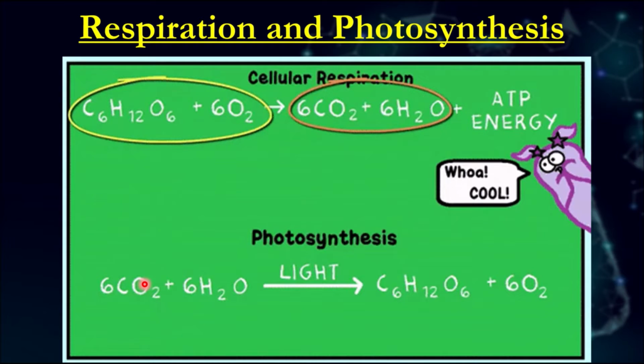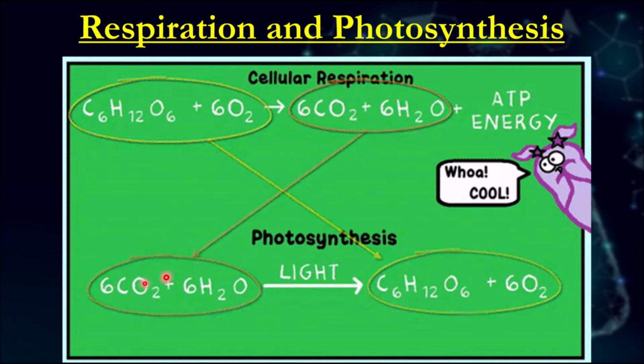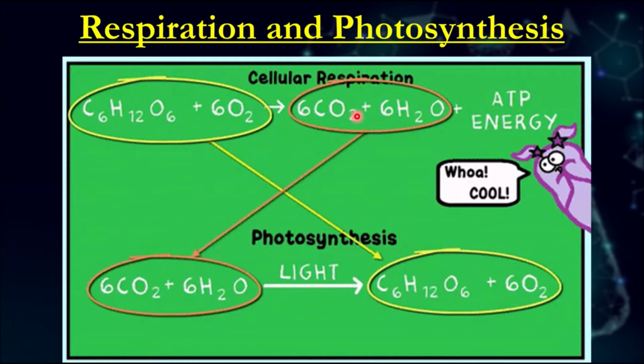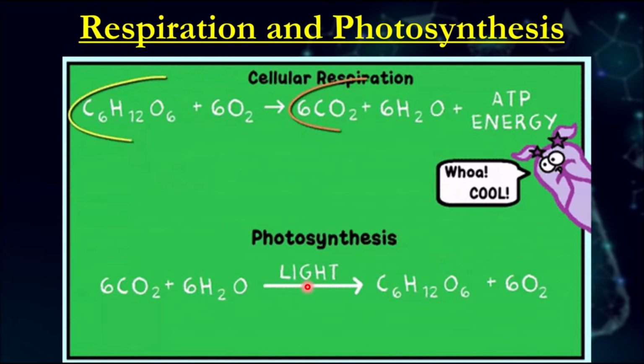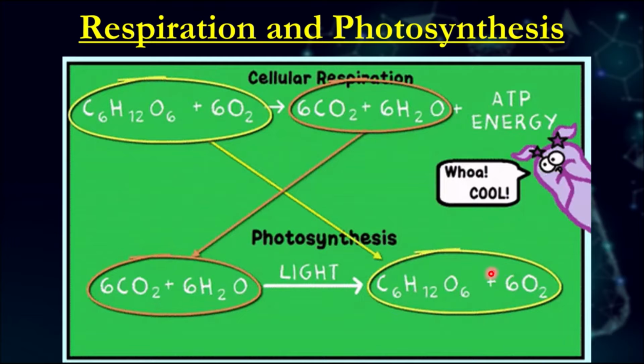So in a way, humans and plants are helping each other grow at the same time. The only difference is that cellular respiration doesn't need a catalyst to allow this reaction to occur, whilst photosynthesis needs light, red and blue light sources, to make it react.